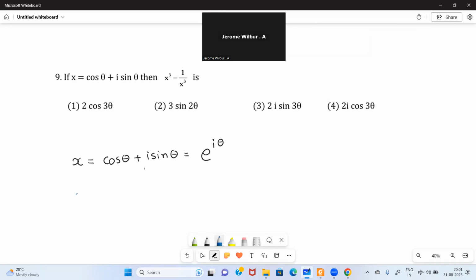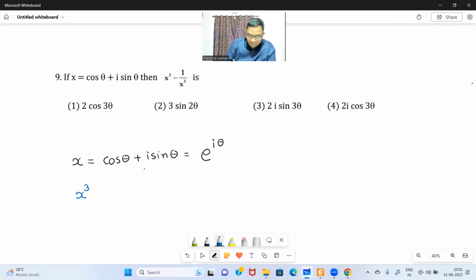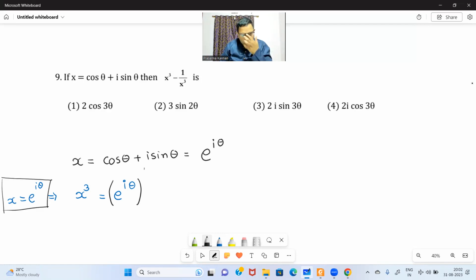Now, what will be x cube? If x is e power i theta, then x cube can be written as e power i theta the whole cube.